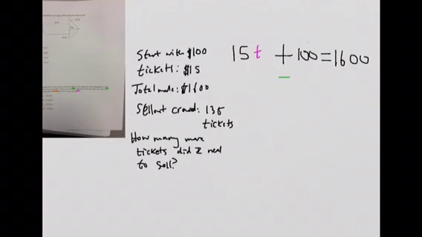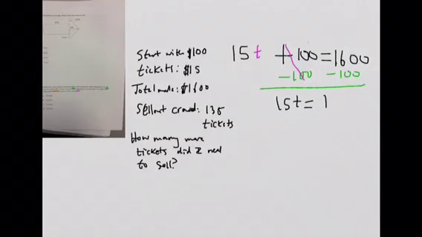So what I'll do, I'll subtract 100 from both sides. Which is equal to 15t is equal to 1,500.